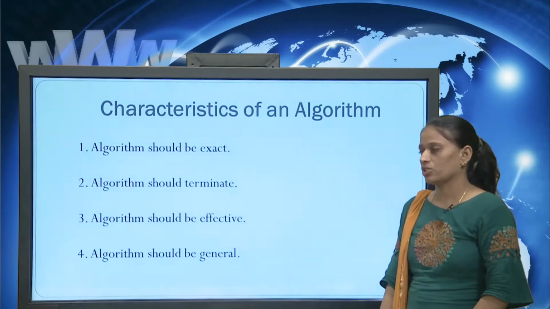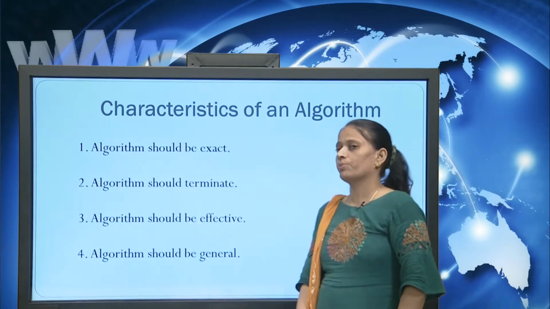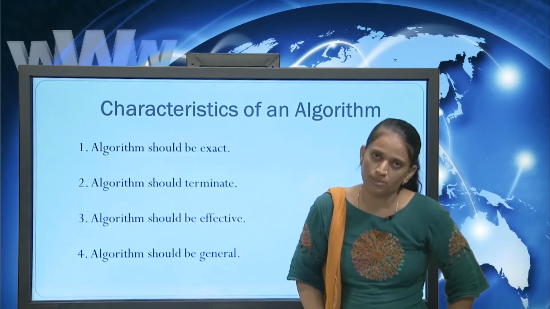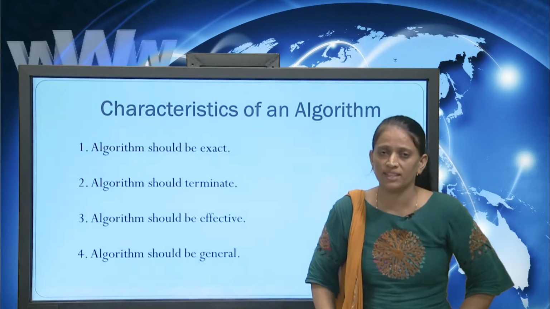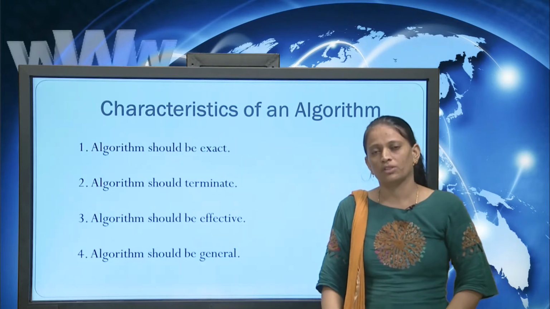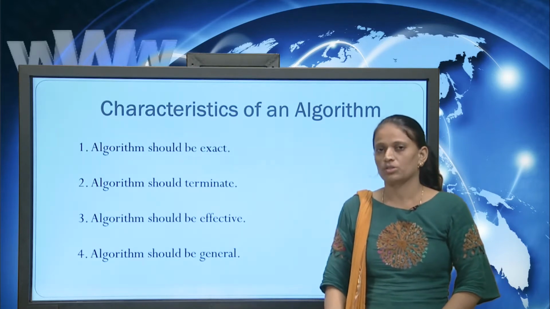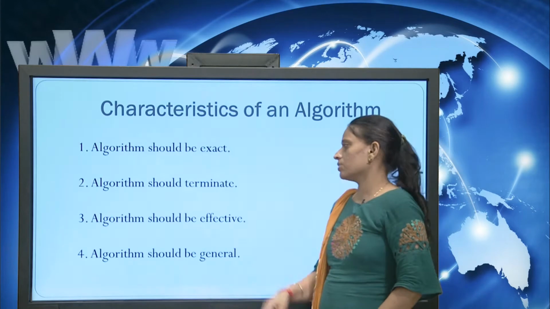The basic characteristics of an algorithm: an algorithm should be exact. It should be defined or drawn in such a way that it meets the requirement of the problem or solution. An algorithm should terminate.